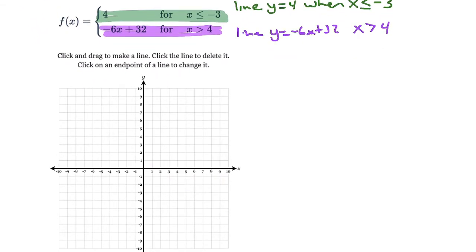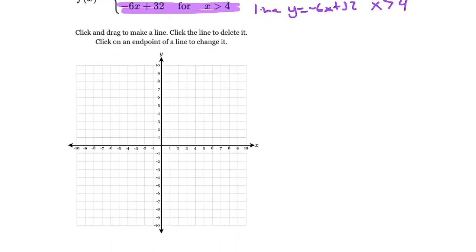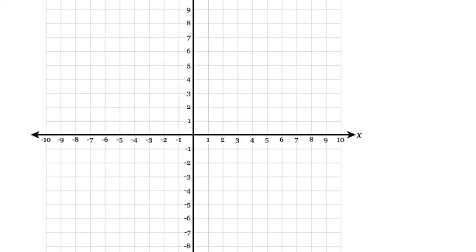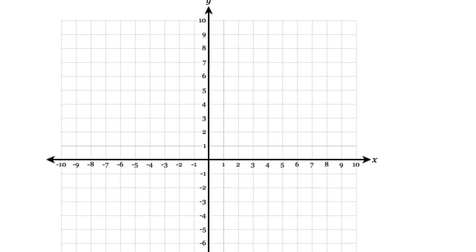So -3 or less. So if we go to -3, which is right here, and we go to 4, because that's what we're supposed to graph, and we're supposed to use this line. That is the line y equals 4. If we use that line when x is -3 or less, that would be that graph.